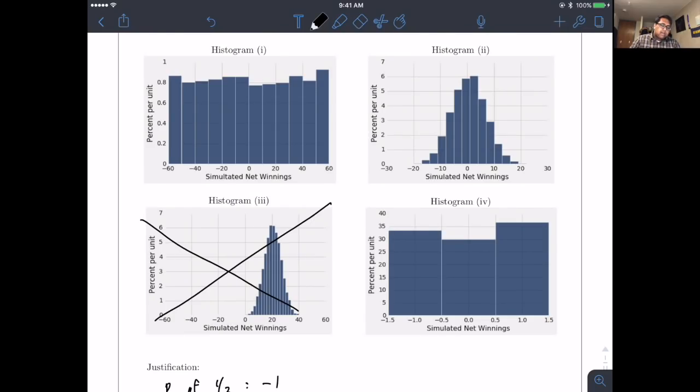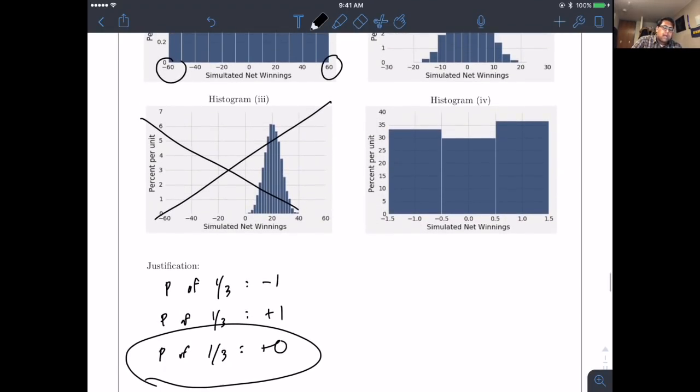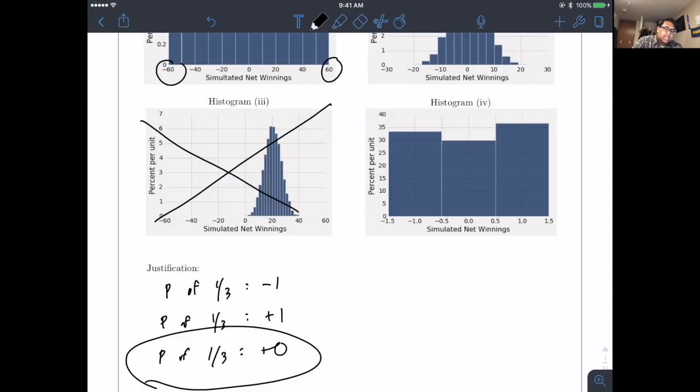Now one way we can narrow down the graphs is to look at the axes. Here, in histogram 1, we have 60 and -60, and the bars are just as high at -60 and 60 as they are around 0. So is the probability of that occurring actually justifiable? What's the probability of winning $60?